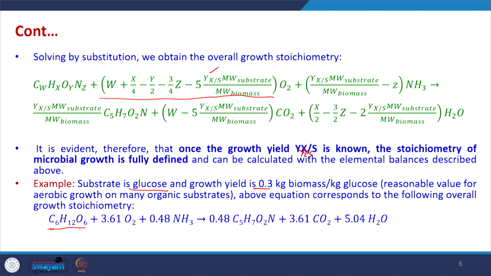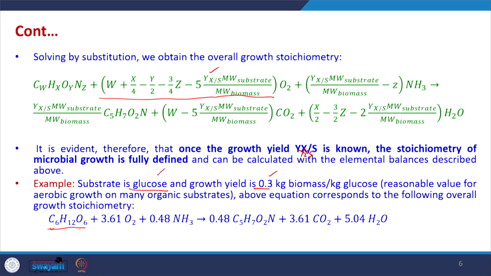So, the yield has been taken as 0.3, and with this 0.3 and glucose, we know the values of W, X and Y. In this case the W value is 6, the X value is 12, the Y value is 6 and the Z value is 0, and the Y_X/S value has been taken as 0.3.